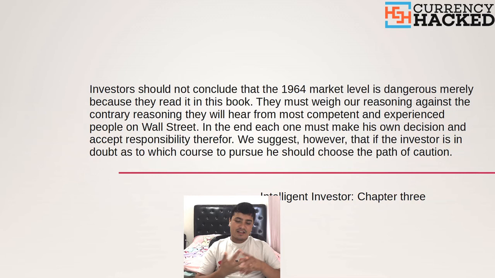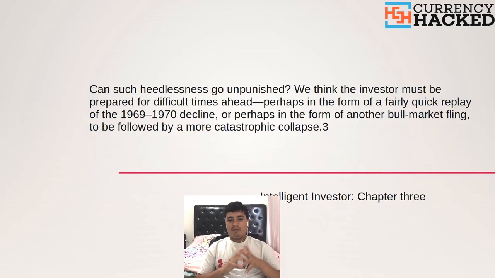And can such heedlessness go unpunished? We think the investor must be prepared for difficult times ahead, perhaps in the form of a fairly quick replay of the 1969 to 1970 decline, or perhaps in the form of another bull market fling to be followed by a more catastrophic collapse.